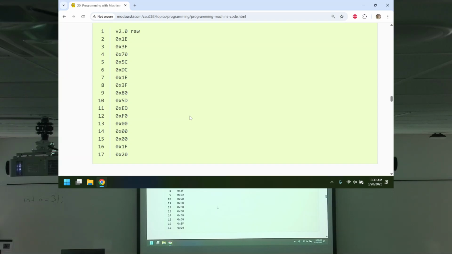Now that we have some context about the hardware and what's running on the hardware, which we're going to talk a lot more about, I want to take a moment to make sure we have a sense of what's going on there. 31. That's like putting 31 into here. But not quite, because a is a label. And somehow we need to keep track of the label.